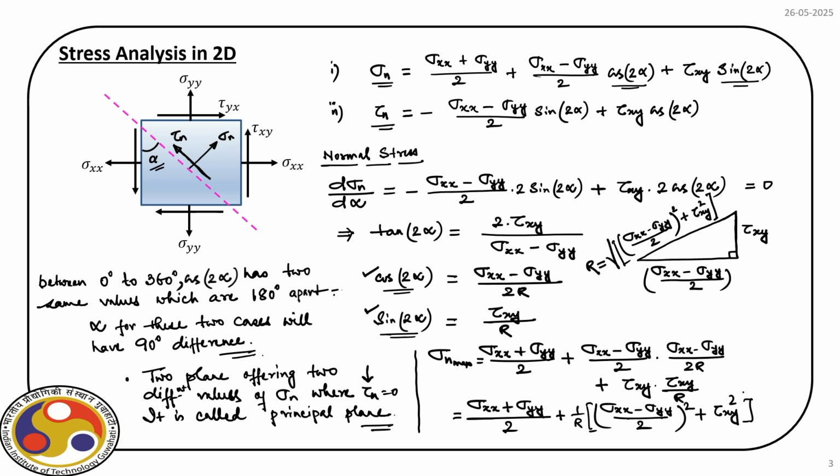Obviously, we can identify this third bracketed term is nothing but r square, right. So, we can write down the expression in terms of r and 1 will get cancelled.